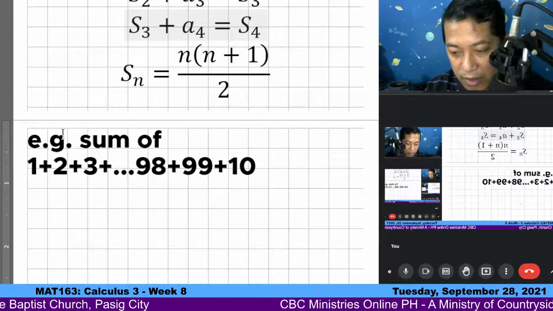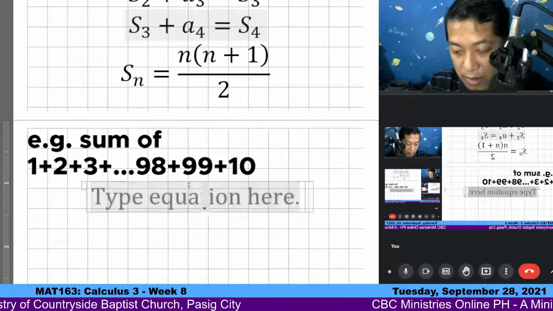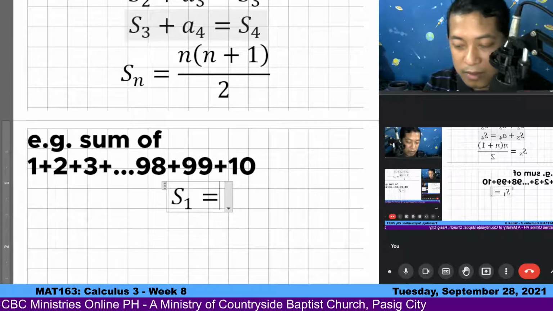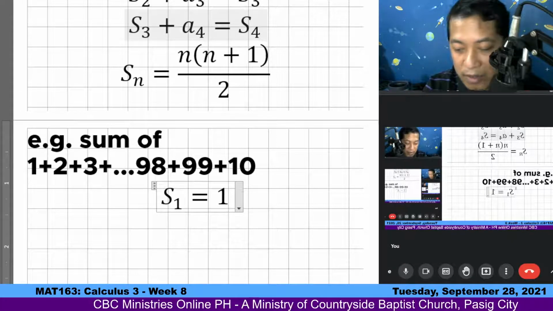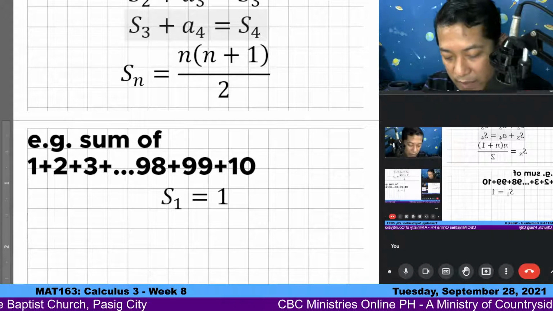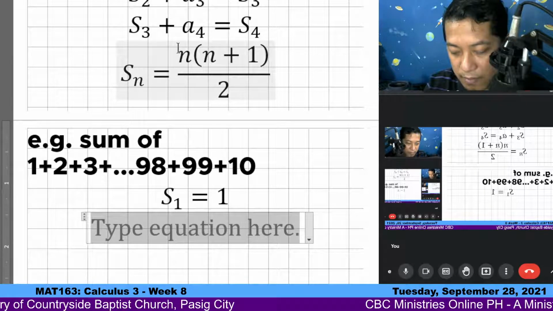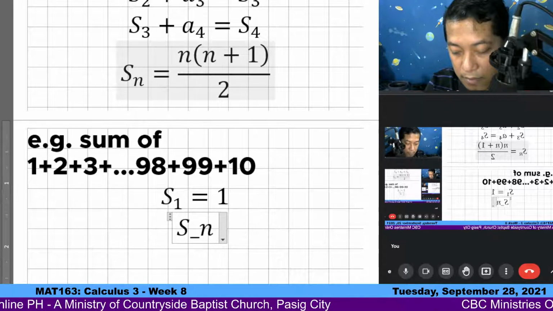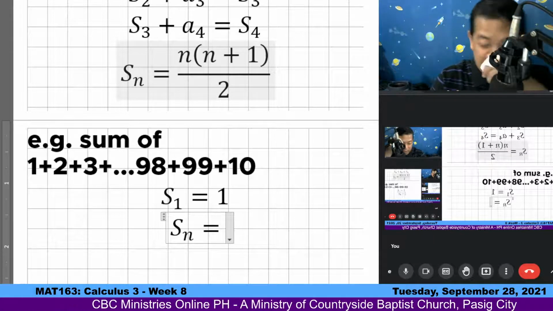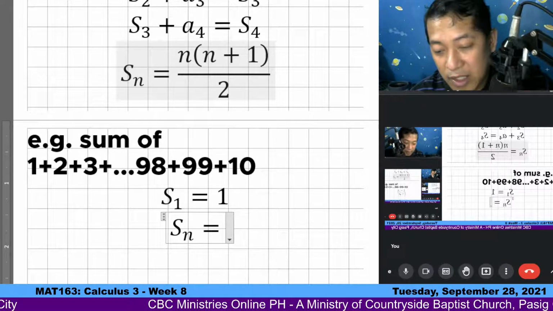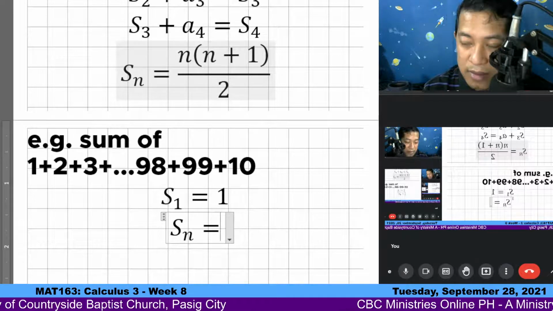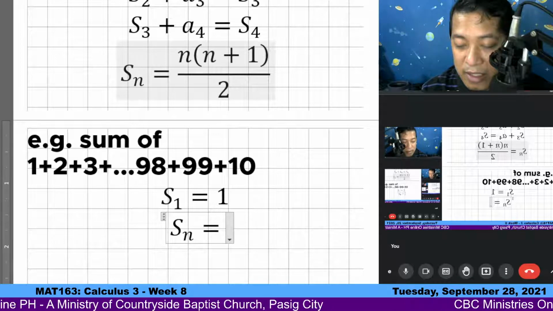So before that, we could say that S sub 1 is equal to 1. So we have said that already, and then we have S sub n, which is true to all of the terms, no? So pwede natin siyang i-test for n plus 1, kumbaga, pwede nating i-test siya kapag dinagdagan natin ng n plus 1 term.